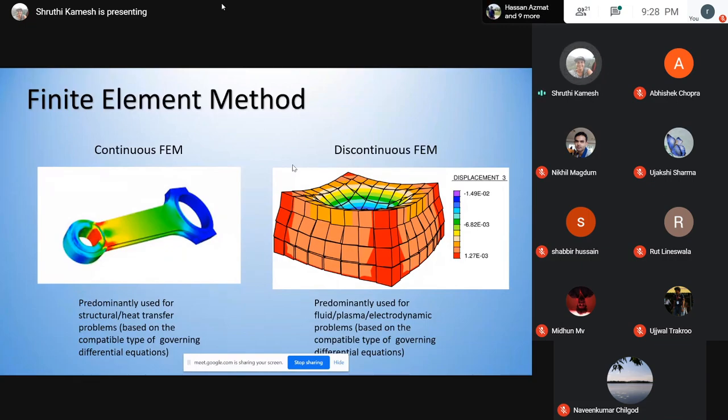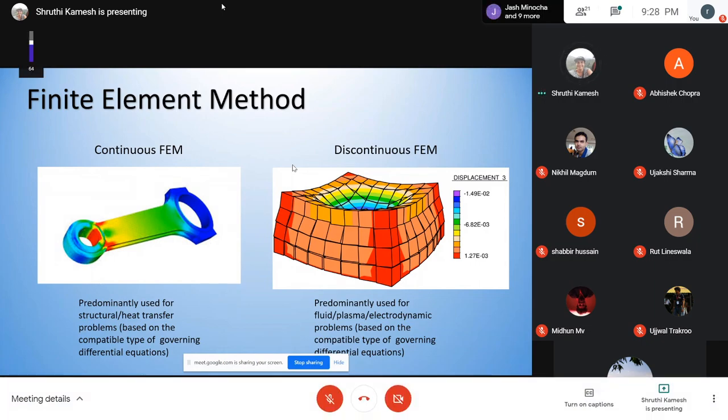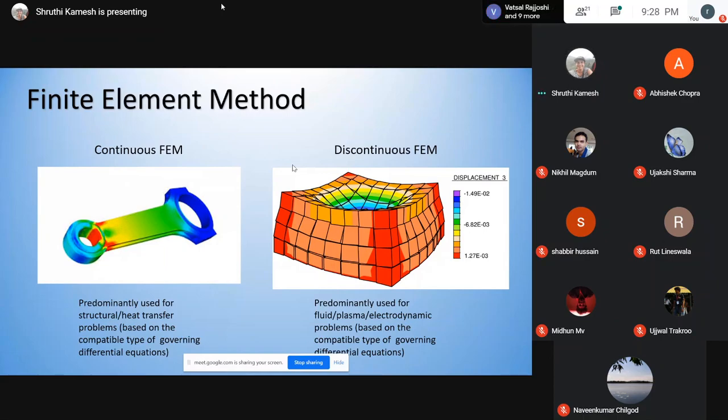But in discontinuous FEM, you can see the discontinuous nature over here. Each element has its own set of nodes and its solutions. If I have a value A for node one at element one, I will also have a separate B for node two of element two, if they are joining.